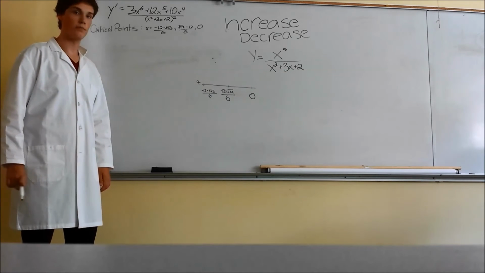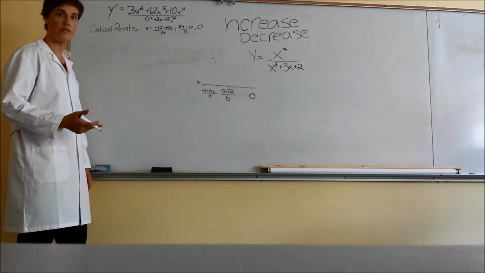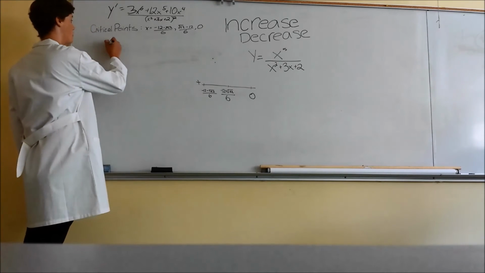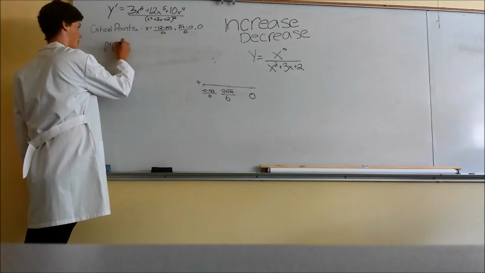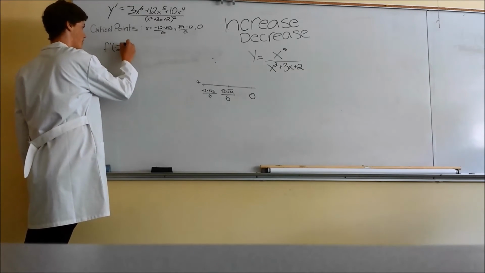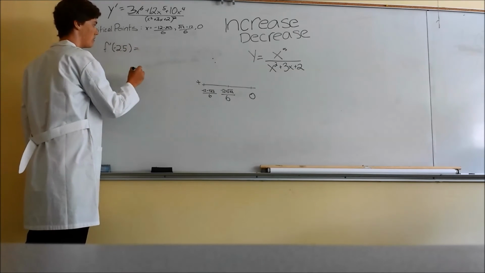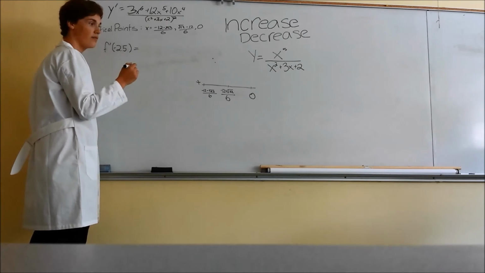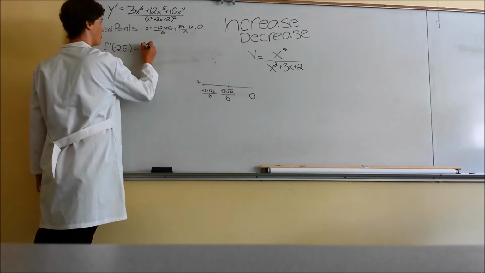Next, we test a point between our two critical points. Take, for example, negative 2.5. We plug that value into our derivative and take f prime of negative 2.5. We set negative 2.5 into all of our x values, as we did with negative 3 before.